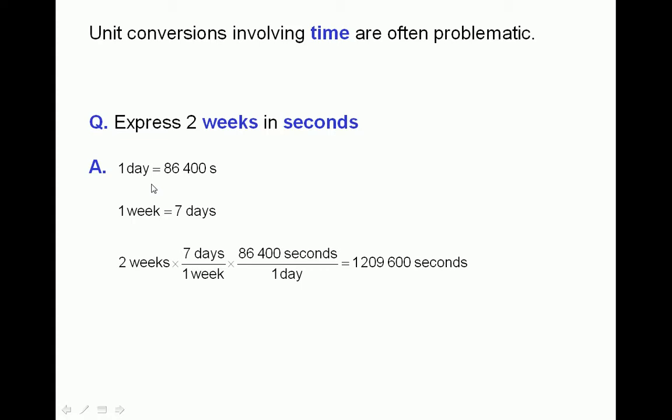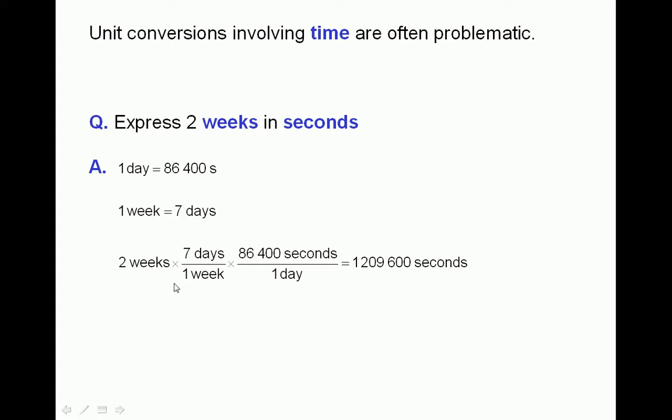So here we go. I'm given two equalities to answer this question. I know that 1 day equals 86,400 seconds, but I don't know how many seconds are in a week. So I'm going to have to use a second conversion factor that converts from weeks to days. So I'm going to use two conversion factors here.